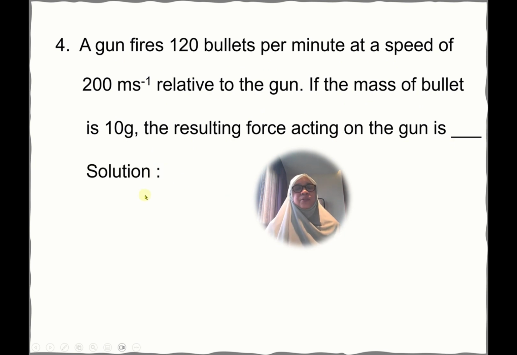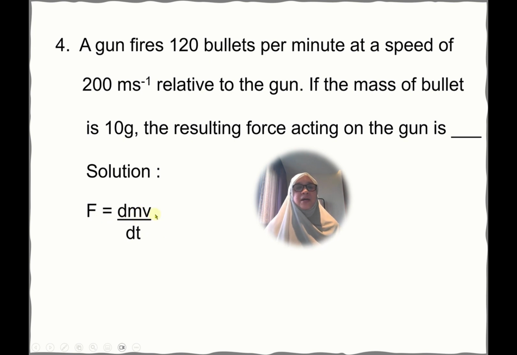Okay, so the solution using Newton's law. We use F equals d(mv) over dt. We start with Newton's second law, which states that the resultant force is directly proportional to the rate of change of momentum.